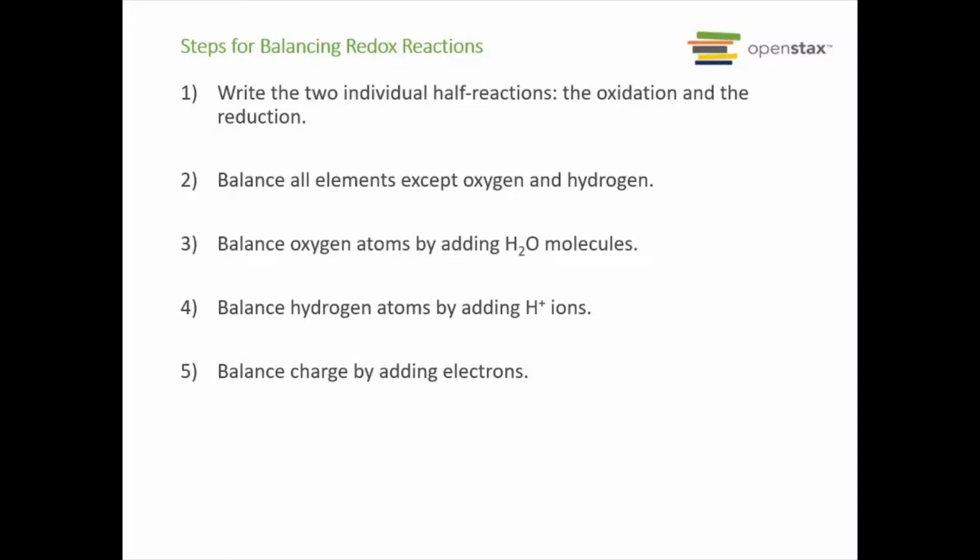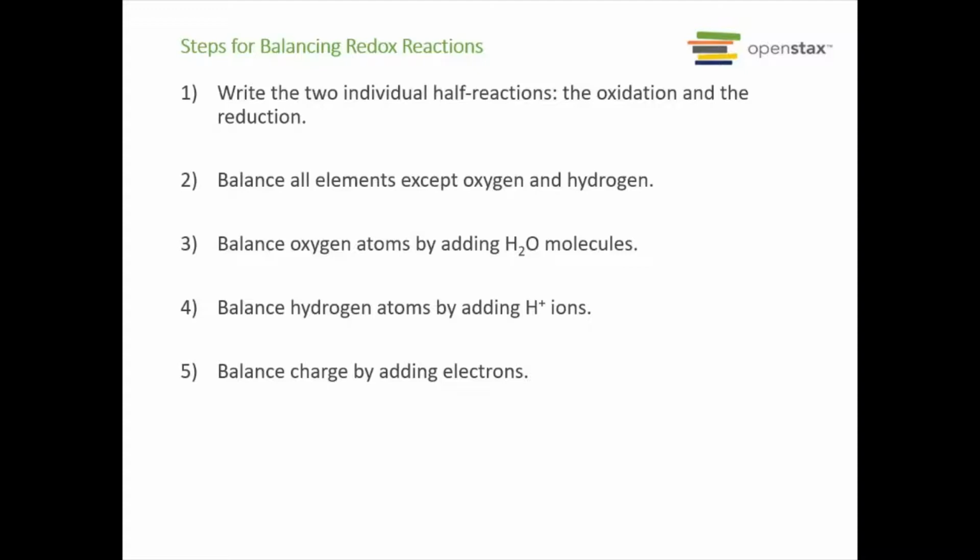So there are some steps. I'm going to talk about the steps, and then we're going to go through some examples so it's a lot easier to understand. So the first thing you want to do is break up your reaction into half reactions, the oxidation one and the reduction one. Then you're going to balance everything in each half reaction, except for oxygen and hydrogen.